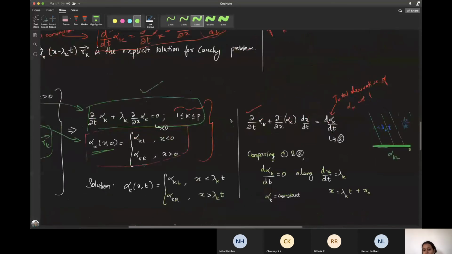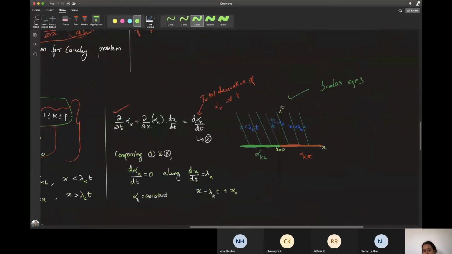Whatever the initial value for u is at each and every point, it will be transported along this line. You have some alpha k at each and every point on this x-axis, and that will remain the same over this line.